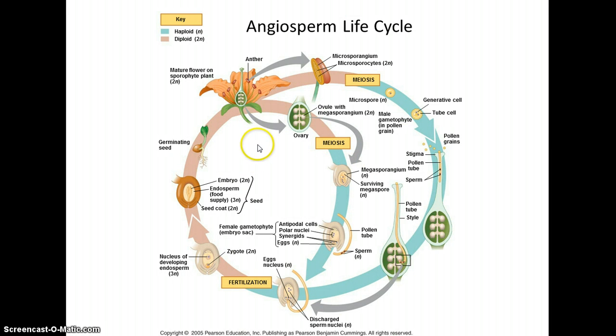Alright, so the angiosperm's life cycle, again, we have alternation of generations, a multicellular diploid and haploid stage.